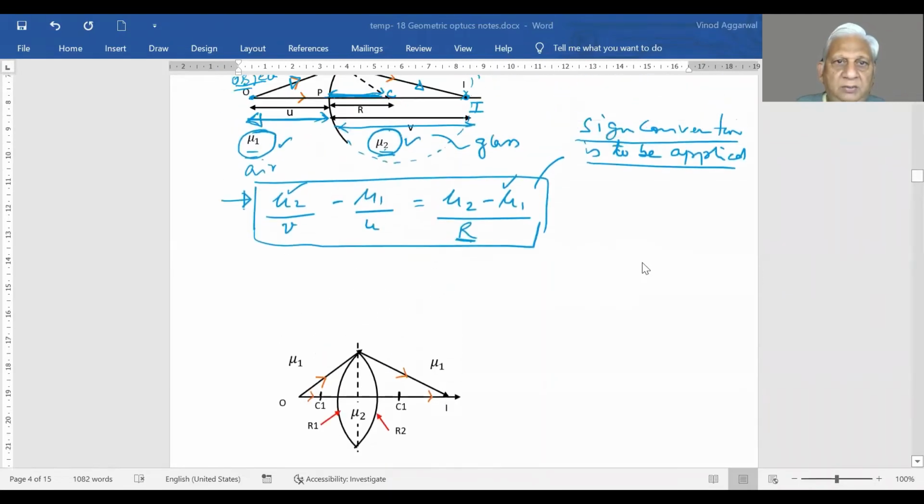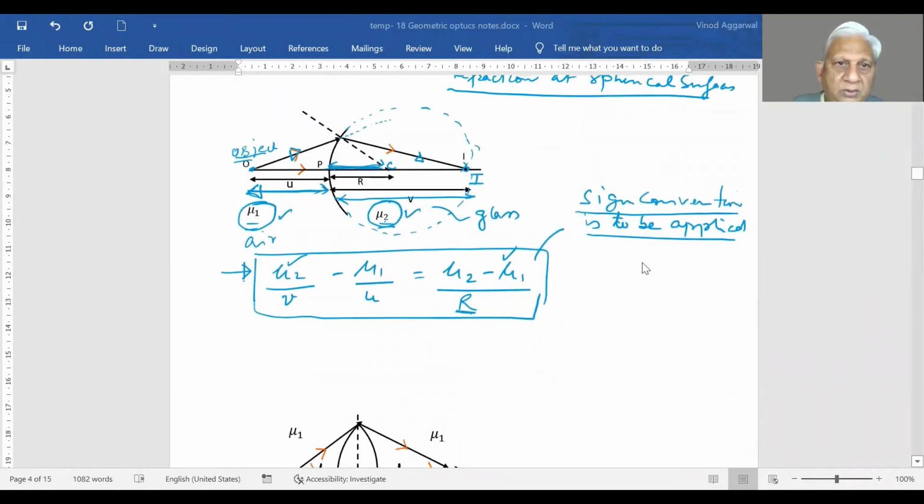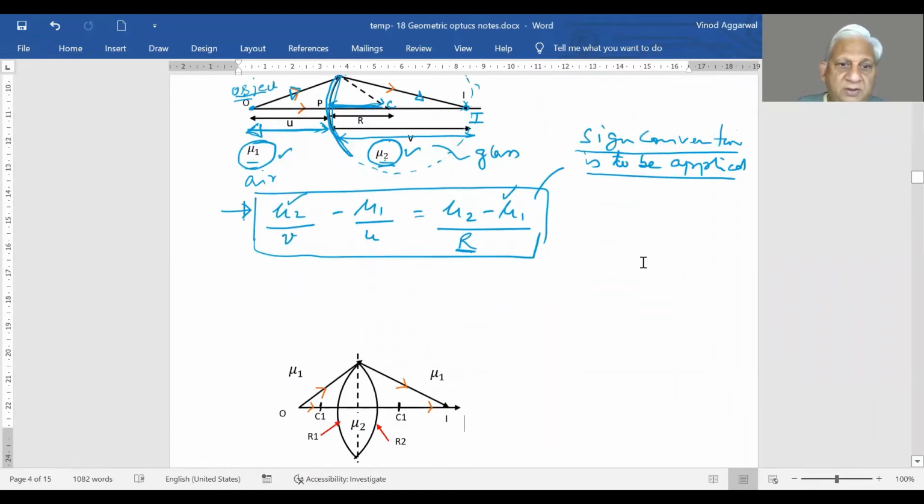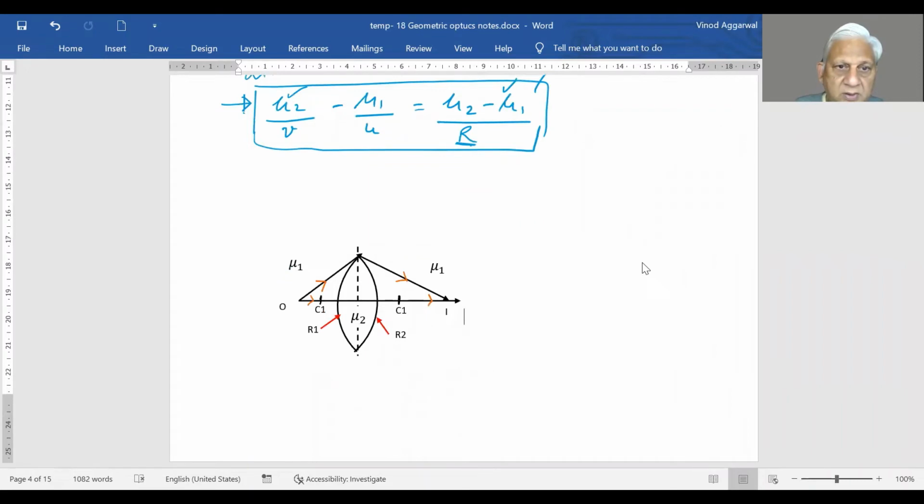Now we had seen that there was only one spherical surface like this. What if there are two spherical surfaces? Like in a lens, you have one spherical surface like this.